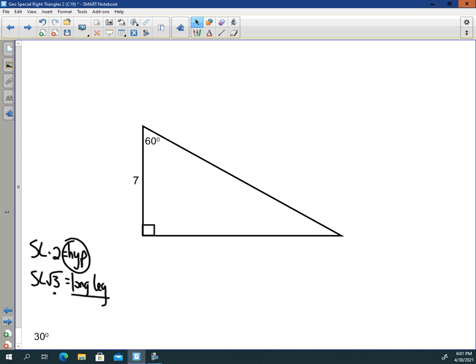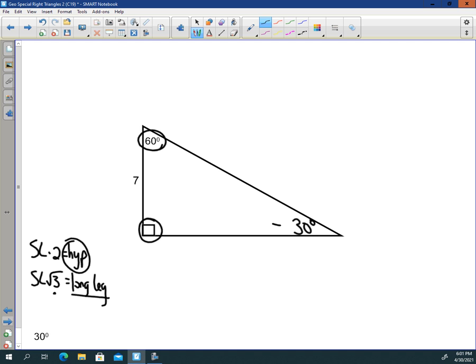Well, it's slightly different, but remember that if you've got a 90-degree angle here and a 60-degree angle there, then this one has to be 30 degrees because all three angles of any triangle sum to 180, and that's how you can find that 30-degree angle.